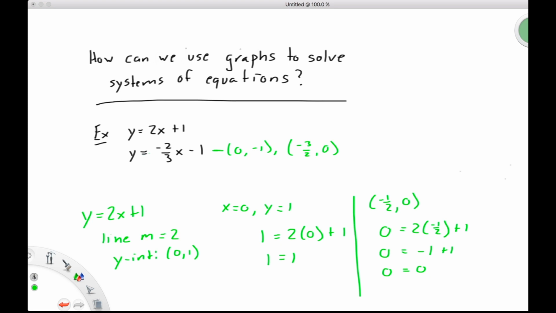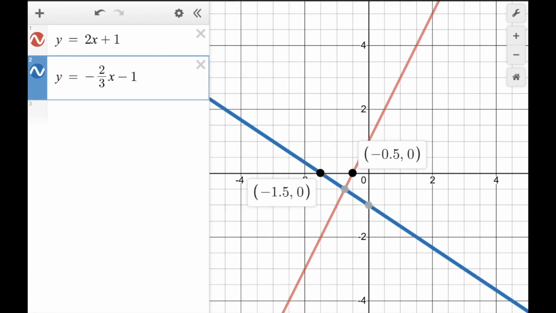Now, each of those are fine on their own, but when we solve a system of equations, we want to look for the points that satisfy both of them at the same time. So an x and a y that is true for equation number 1 and is also true for equation number 2. Now, graphs can be really helpful in this, because if we take a look at the graph of these two lines, we can see in red here that y is equal to 2x plus 1 is represented by this red line.